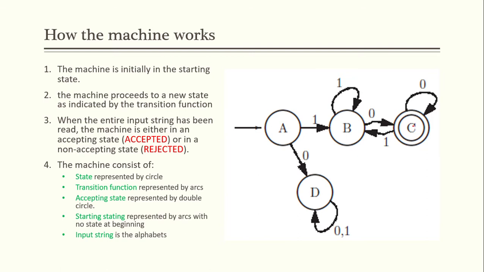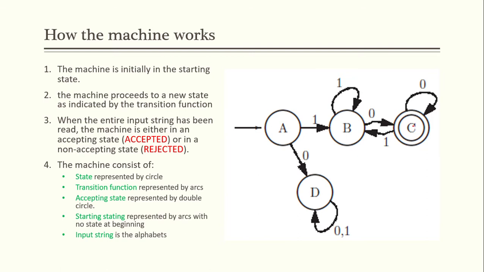But if the last character of the input string ends at a non-accepting state, for example maybe in A, maybe in B, maybe in D, we say that the input string is rejected, meaning it is in a non-accepting state.